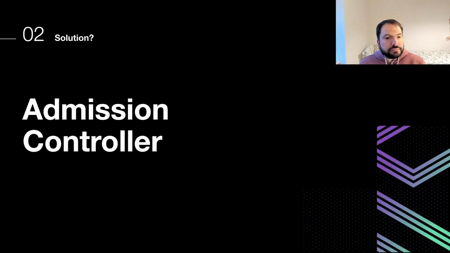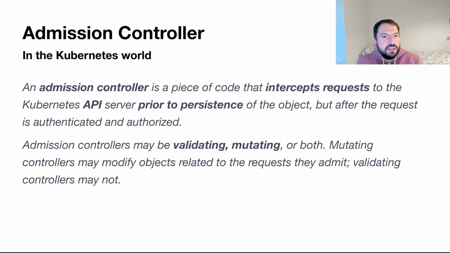Therefore, it's good to look at the concept of an admission controller, which comes from Kubernetes, and it's a piece of code that intercepts requests before they're actually sent to the server, and then does validation or even mutation on those.